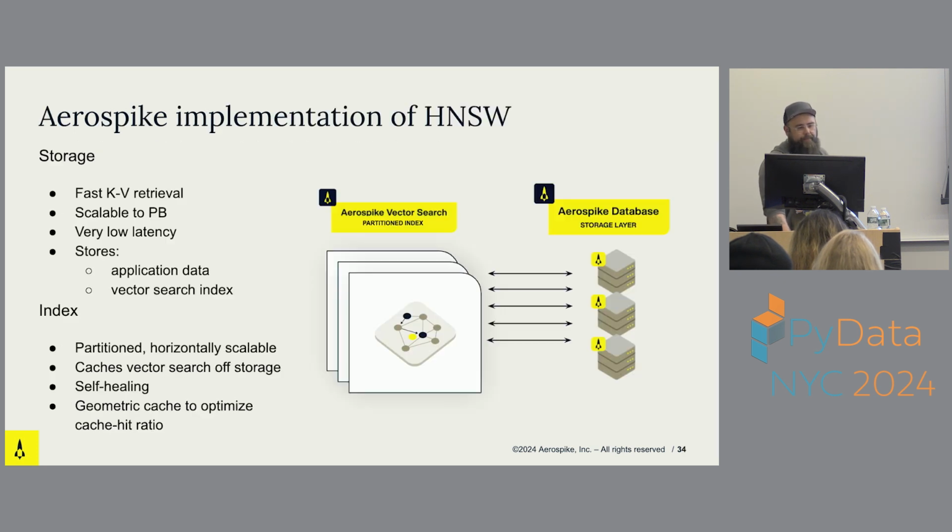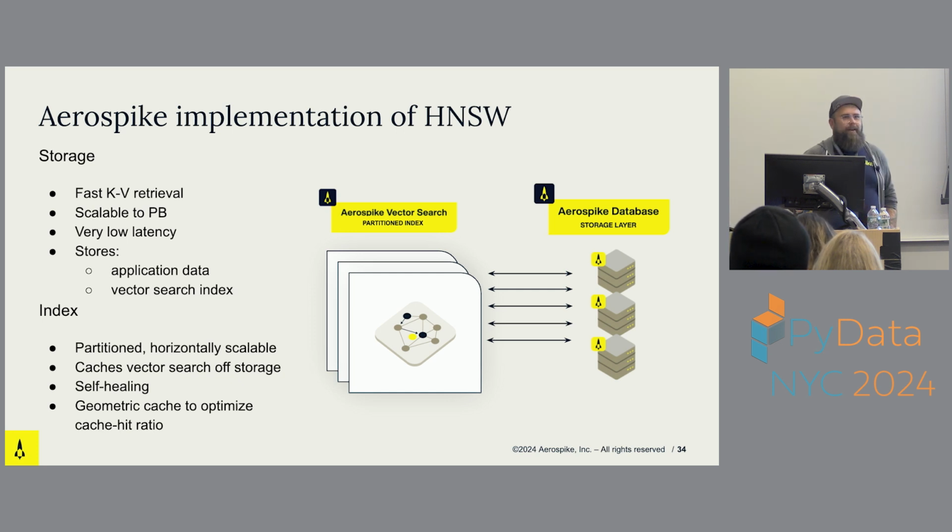Now, what's interesting about Aerospike, I promise this isn't a sales pitch or anything like that, it is actually kind of neat. We do ridiculously fast key value retrieval. That's our whole bread and butter. We have all these patented algorithms on how we access solid state drives that basically give you RAM-like performance, super cheap as far as hardware is concerned.